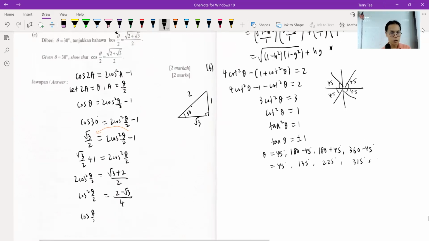Cos theta over 2 is therefore the square root. Wait, I made a mistake here. This one is a plus, 2 plus root 3 over 4. There you go. I got this answer. Do you need to put a plus minus? No need, because this is the positive value. If cos 30 is positive, cos 30 over 2, which is 15, is definitely positive. Yep, there you go. That's your answer.